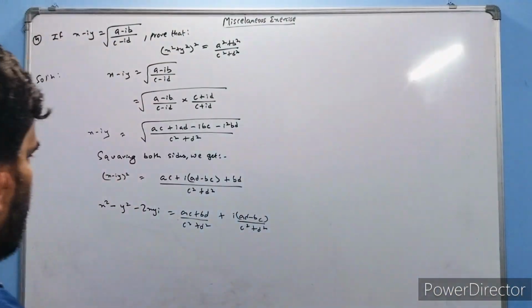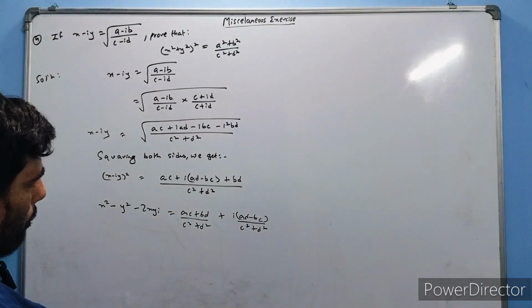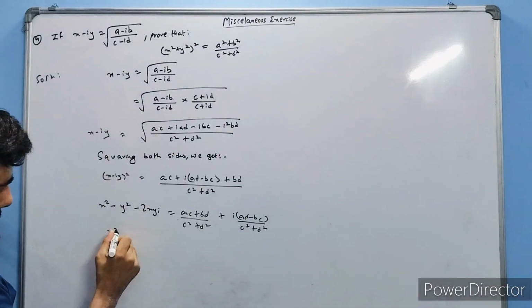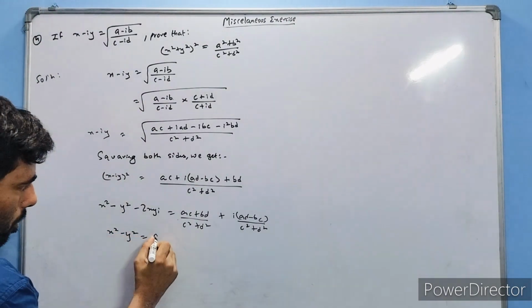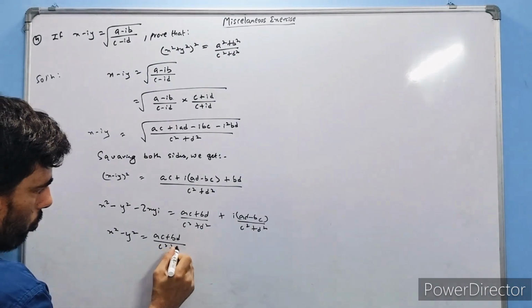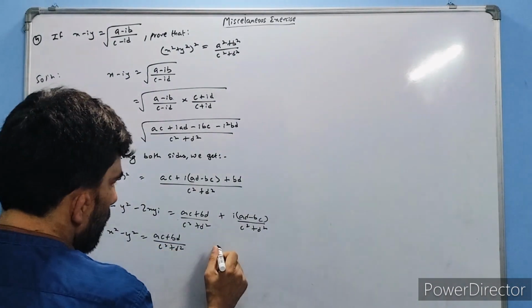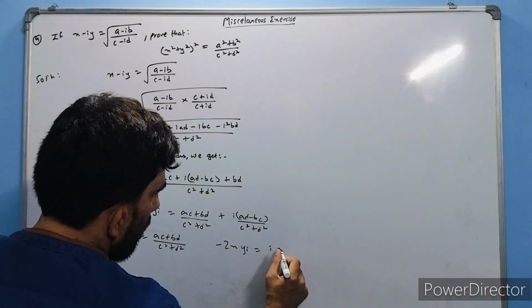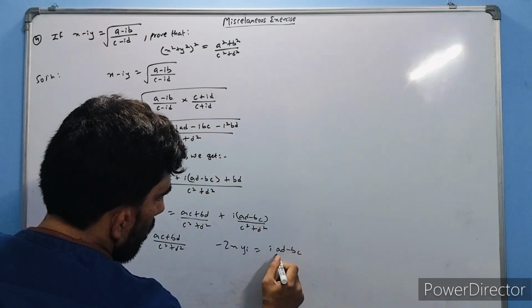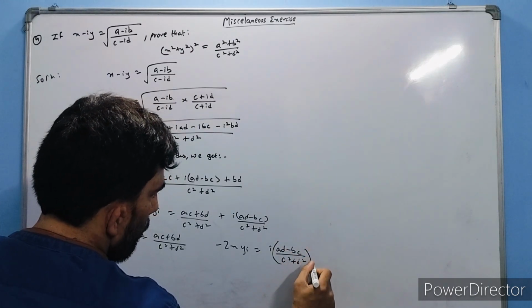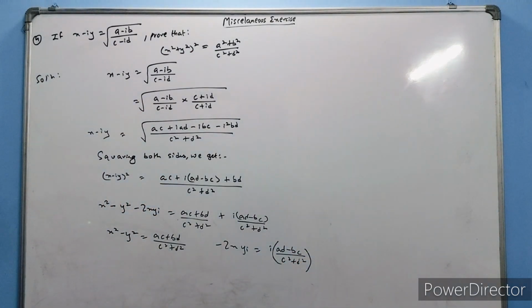So now I can easily compare this. x square minus y square will be this: ac plus bd upon c square plus d square, and minus 2xyi will be i ad minus bc upon c square plus d square I have. Okay, so now further how we can solve?